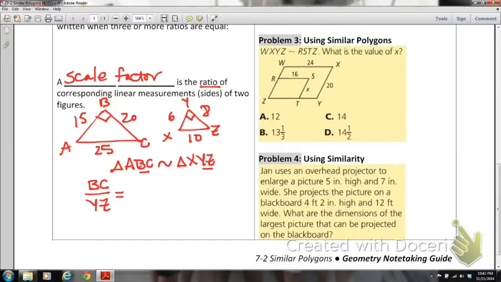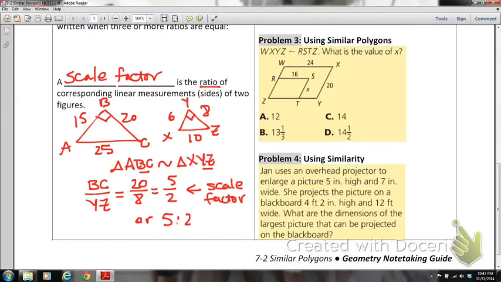Then put the sides that correspond to the lengths, 20 over 8. Reduce that. 4 will go into each of those. 5 over 2. So that is your scale factor between these two triangles. And you could also write that as a different format of the ratio, 5 to 2.